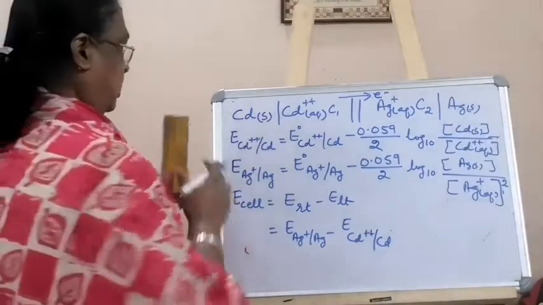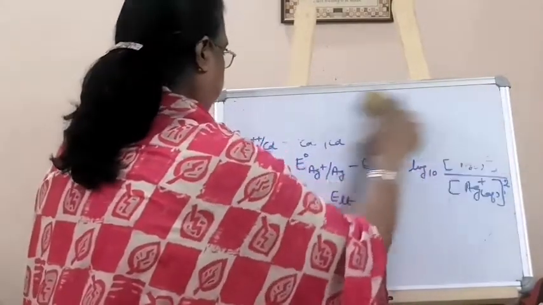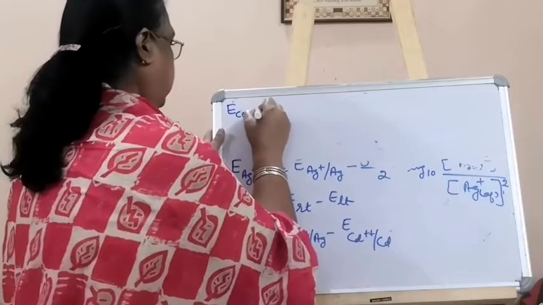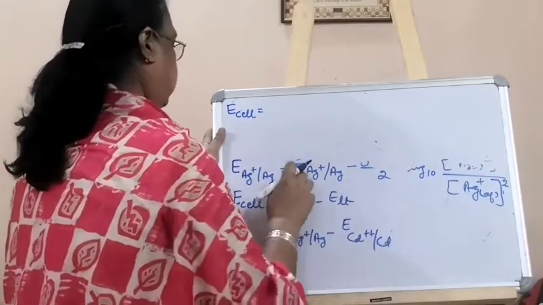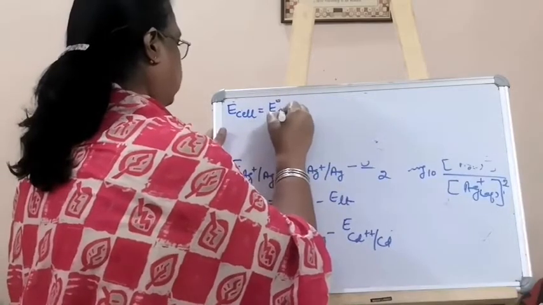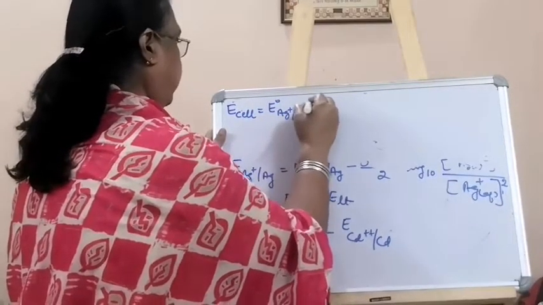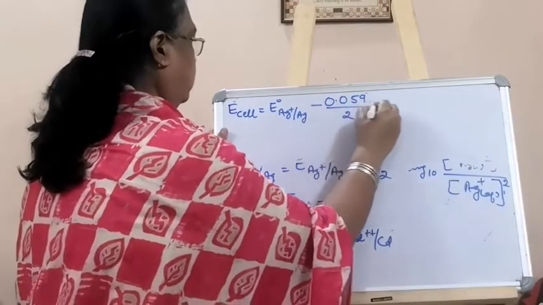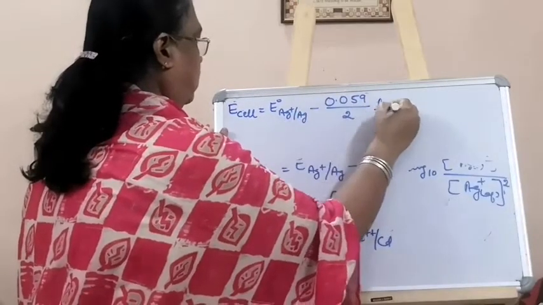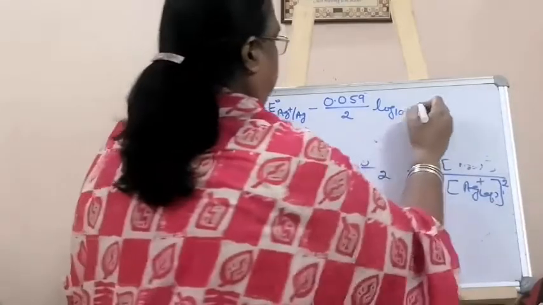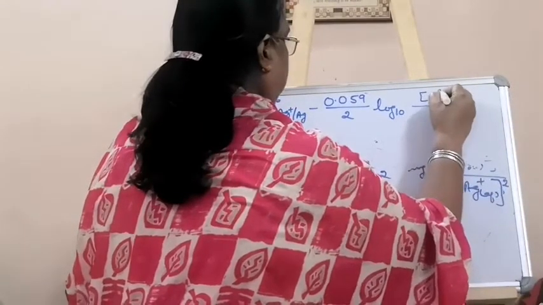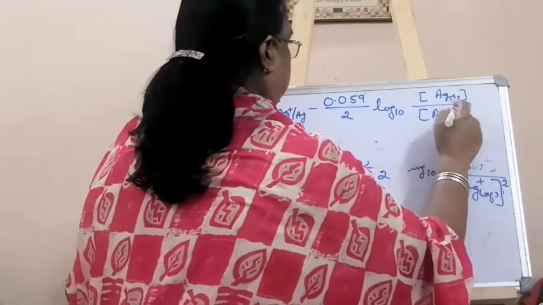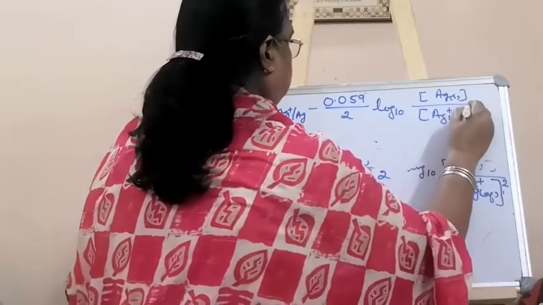Now I'll substitute the values. So E cell is equal to, for this one, E0 silver ion over silver minus 0.059 upon 2 log base 10, concentration of silver solid upon concentration of silver ion aqueous.